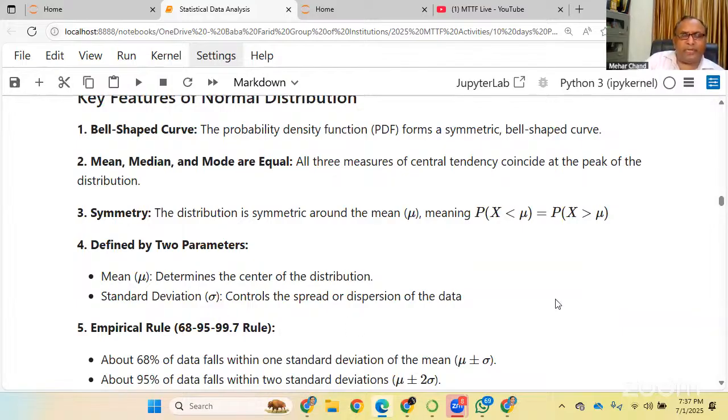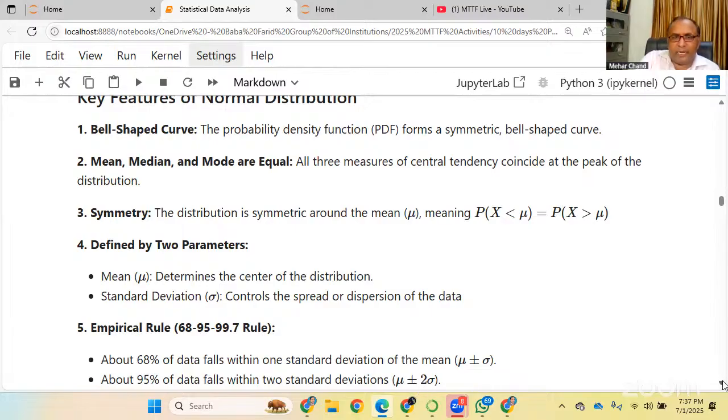Okay, so here you can see the empirical rule. About 68% of the data falls within one standard deviation of the mean, that is mu plus minus sigma. About 95% of the data falls within two standard deviations, so we have mu plus minus 2 sigma.